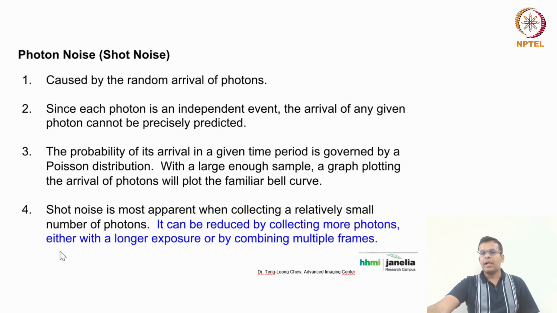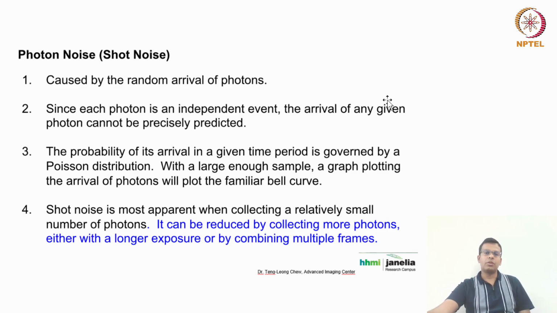Shot noise is most apparent when collecting a relatively small number of photons. So when you are imaging samples with low fluorescence, at that time shot noise becomes apparent. It can be reduced by collecting more photons, either with a longer exposure or by combining multiple frames.